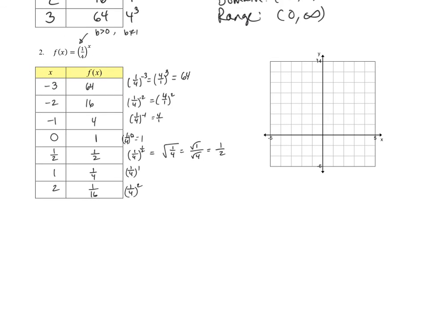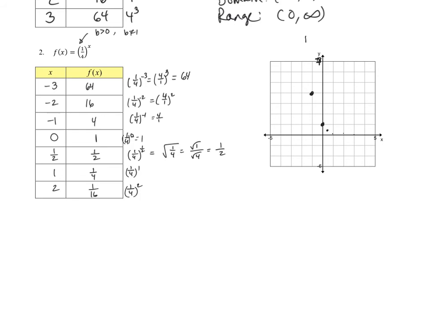I'm going to count by ones again. At -3 we're off the graph, at -2 we're off the graph, but at -1 we're at 4. 1, 2, 3, 4, and I still go through the point 0, 1, then 1/2, 1/2, 1/4, and then we just start getting smaller and smaller.